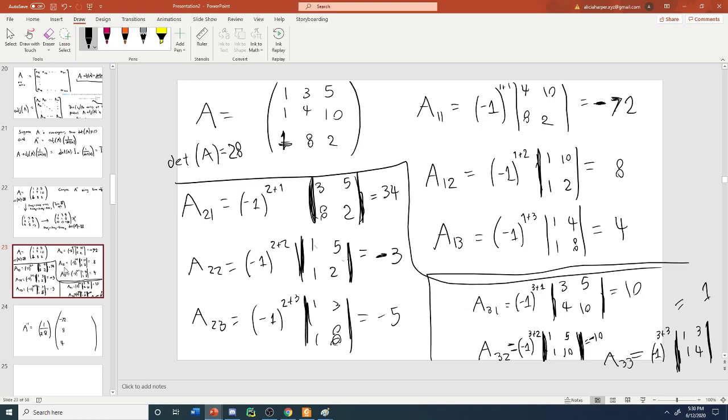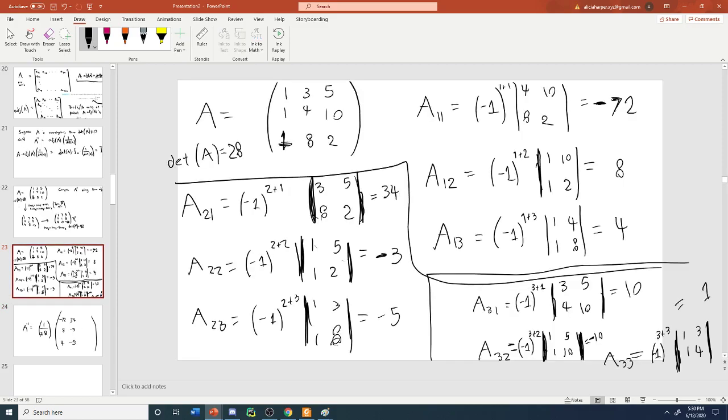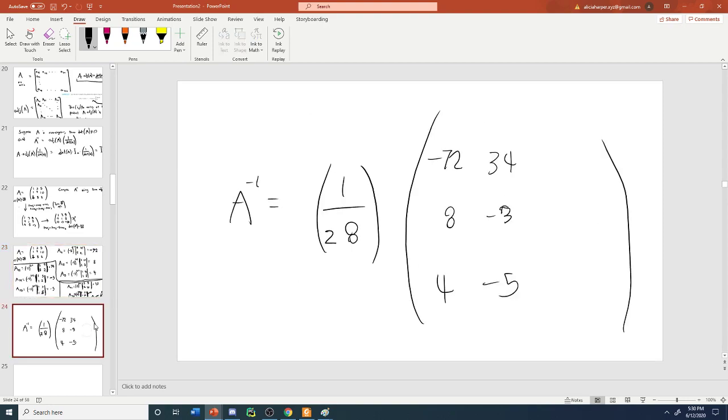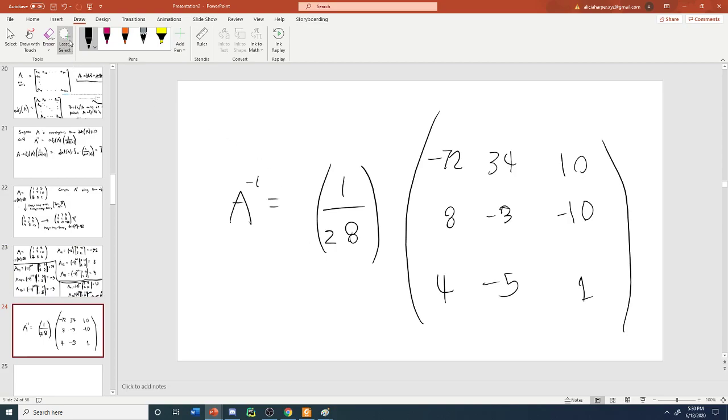These entries are going to correspond to the second column. 34, -3, -5. And then these entries are going to correspond to the final column. 10, -10, 1. So, using the adjoint matrix, we're able to compute an expression for A inverse.